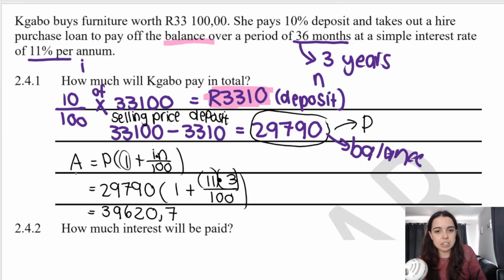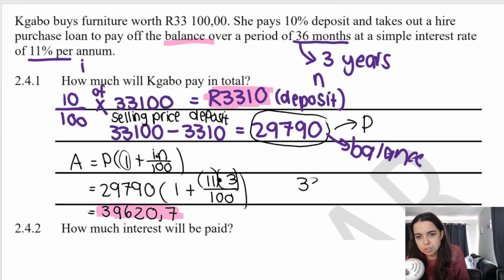So in the place of P, you put that number, 29790. You put the rest of the information in your formula. And after 3 years, after 36 months, in total, we would have had to pay back 39620.7. So in total, how much did you pay for the furniture? Well, remember you paid that deposit in the beginning.